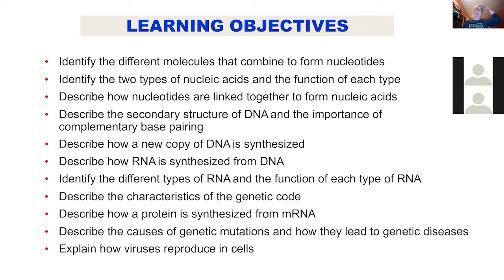So we'll talk about different types of RNA. You may be familiar with messenger RNA, the RNA that's translated into proteins. But there are 2 other types of RNA that are, I don't know if they're just as important, but they're pretty important. And then we'll talk about the genetic code.